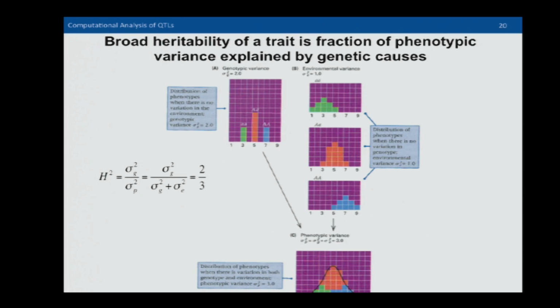On the left-hand side, you see the genotypic variance. And that reminds us of where we started today. It depends on the number of alleles you get of big A as to what the value is. And when you put all that together, you get a total variance of 3. And so big H squared is simply the genotypic variance, which is 2, over the total phenotypic variance, which is 3. So big H squared is 2/3. And so that is a way of computing broad sense heritability.